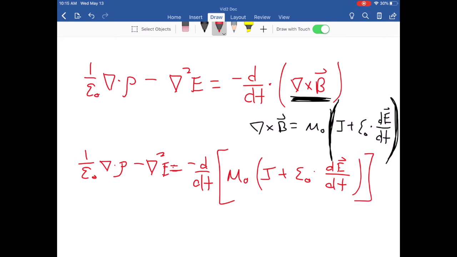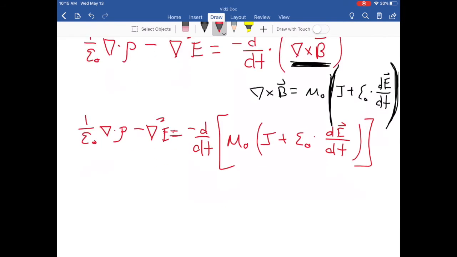Now from here, recalling that we are in a source-free space with no charges at all that can interact with our wave, we can set two things equal to 0. More specifically, we can set the charge density to 0 because there are no charges, and we also have no current density J because there is no current.